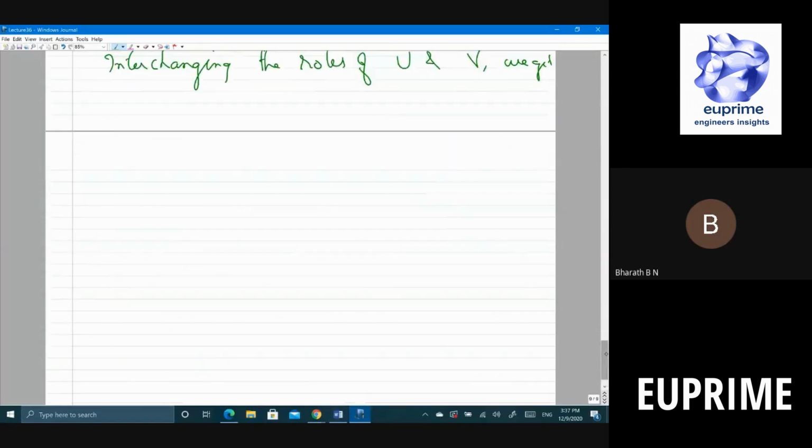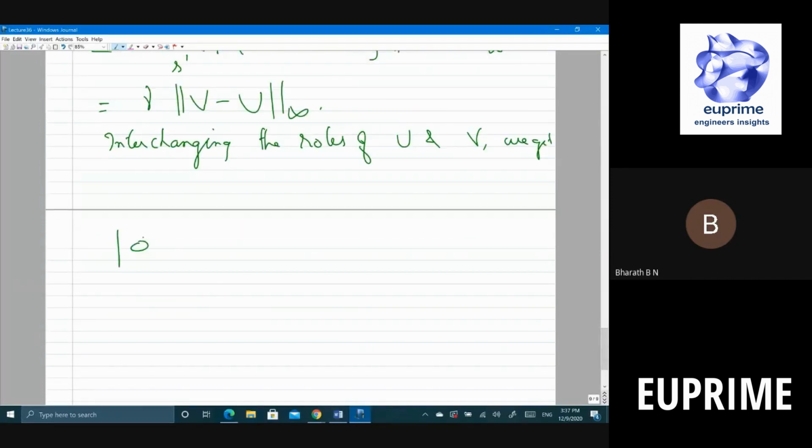So therefore, phi of v minus phi of u, of course I'll take the infinity norm, is less than or equal to v minus u infinity norm. So that proves the Lipschitz continuity of the function phi. Is that okay? Yes, sir.